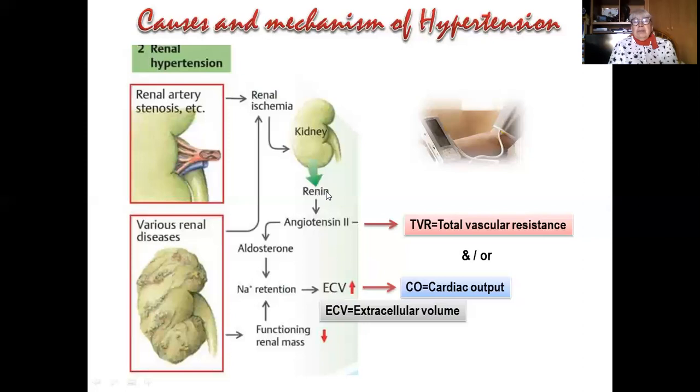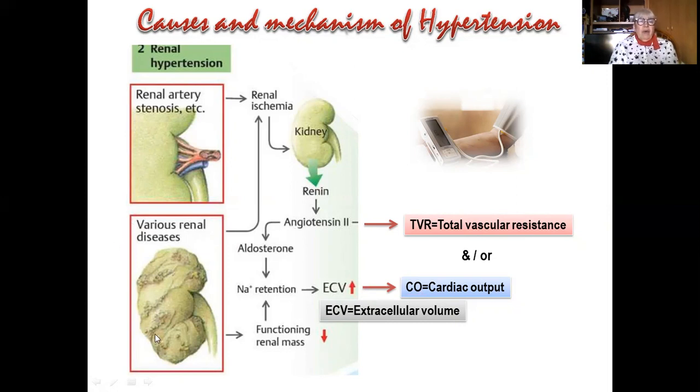So renin production increases and the level of angiotensin 2 rises, influencing the production of aldosterone and sodium retention, influencing the extracellular volume and cardiac output. And as you see here, angiotensin 2 forms the level of total vascular resistance, and both of them influence the level of blood pressure.